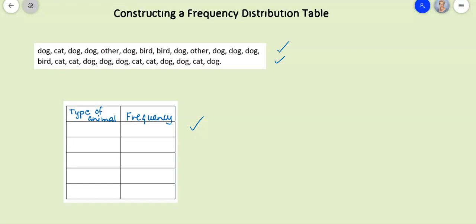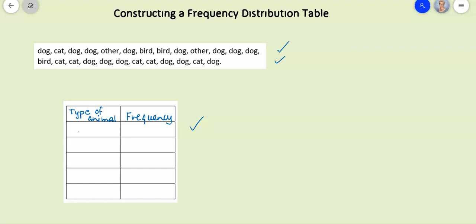Now, a frequency distribution table outlines the different values that we have, or the different names that we have, and the number of times that they occur. Now, when we look at the raw data here, we can see that, yes, this is qualitative type of data, but it's also nominal because we have to now break the qualitative data into the different values or different types that we have.